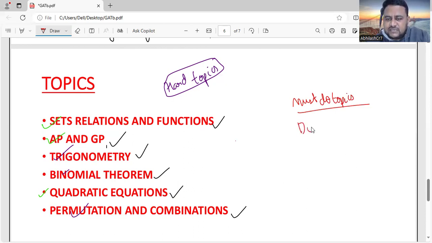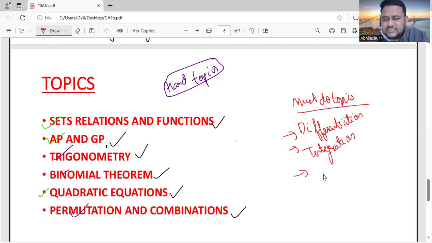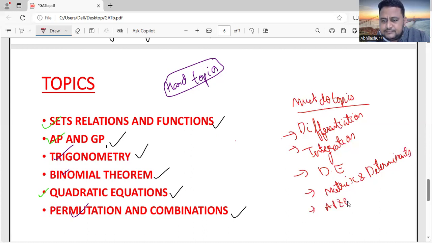That is, first is differentiation. Next is integration. Next is differential equation, matrix and determinants, AP and GP, sets, relations, and functions.